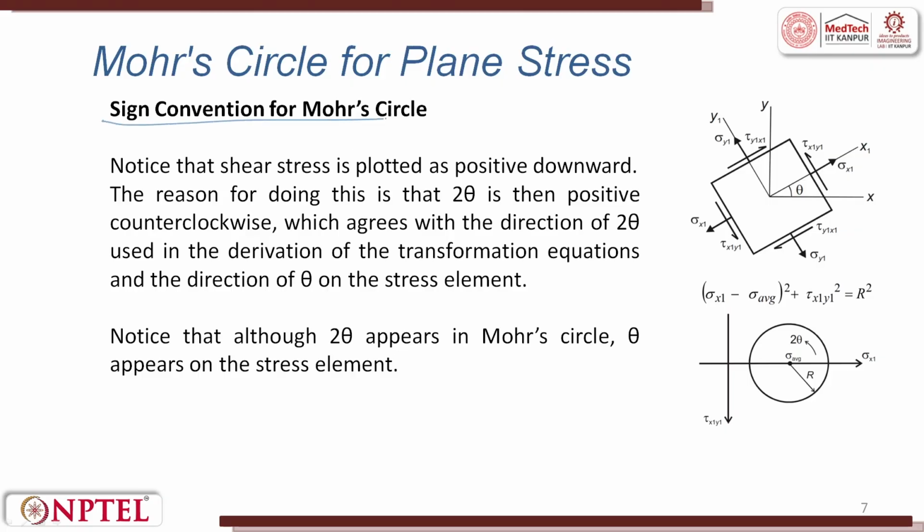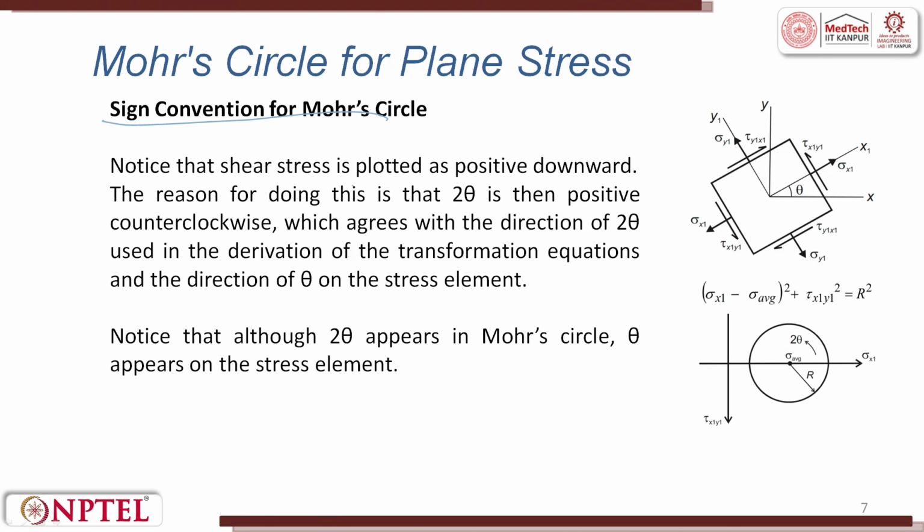When we do the Mohr circle, the most important thing is the sign convention. This is where people always make simple mistakes. So, it is a good idea to follow the sign convention and make it a standard practice, when you start solving the problem, to note down the signs.